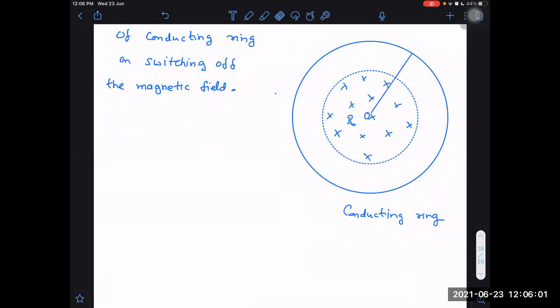I will take inner radius A, outer radius of the ring is B, and then I can give you the resistance as R. Resistance of ring equals R. B naught.